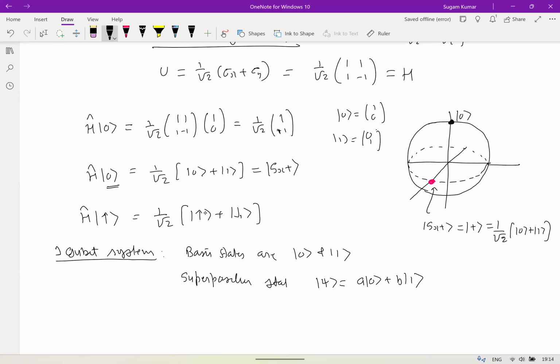So I told you that when the electron spin is in the superposition state, then I need to define two complex numbers a and b in order to represent this superposition state psi.